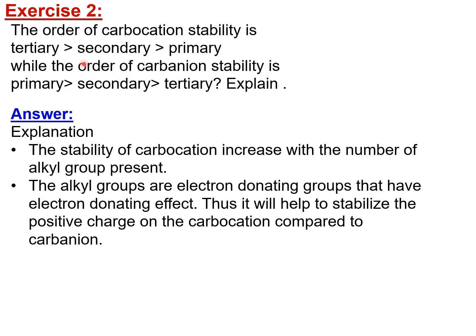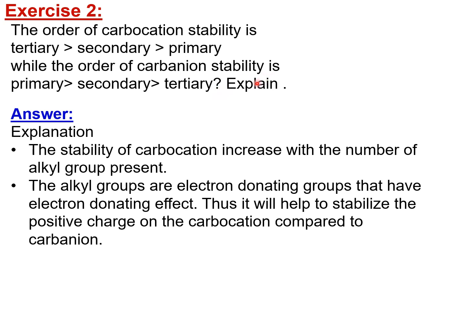Okay, so the next exercise, dia suruh kamu explain kenapa the order of carbocation punya stability adalah tertiary carbocation lagi stable daripada secondary dengan primary carbocation. Tetapi kalau the order of stability in carbanion pula, primary carbanion dia lagi stable daripada secondary dengan tertiary.